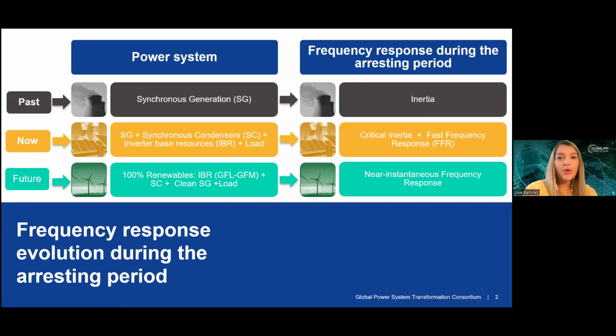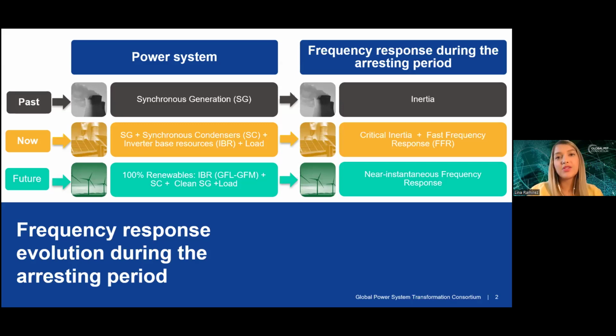Let's start talking about the evolution of the power system and how we start to see that evolution in the frequency response during the resting period. In the past, as we know, the systems were driven with synchronous generation, so almost all the resources were synchronous, and at that point, the resource providing the first response after an event was that kinetic energy, responding really fast.